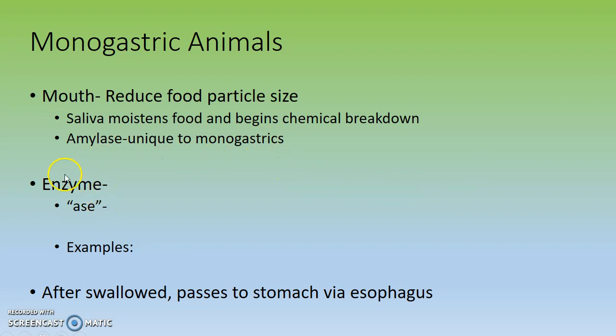If you look down here, enzymes are going to be named anything that ends with ASE. So amylase is going to be a starch digestion enzyme that's unique to monogastrics, because pigs don't have the rumen to break down some of the starches. So remember that amylase begins the starch digestion.